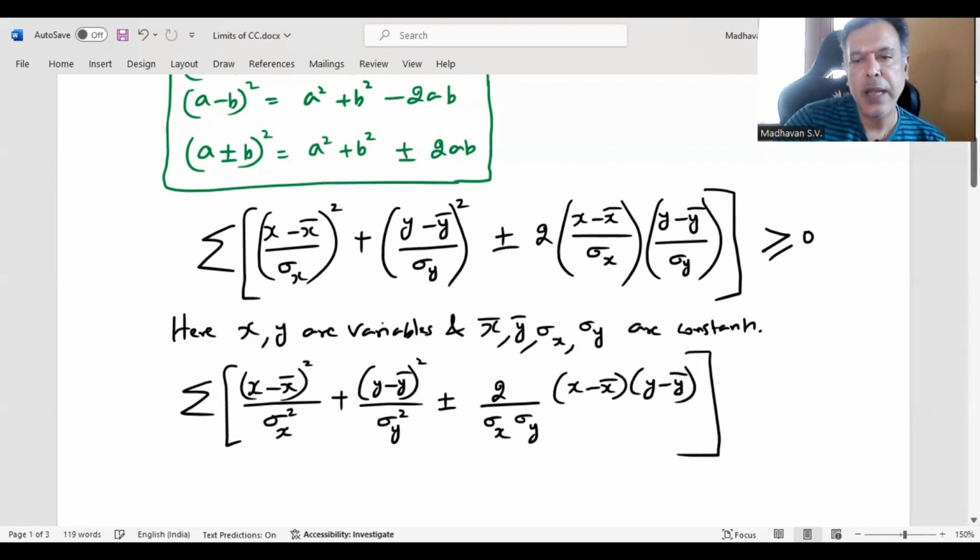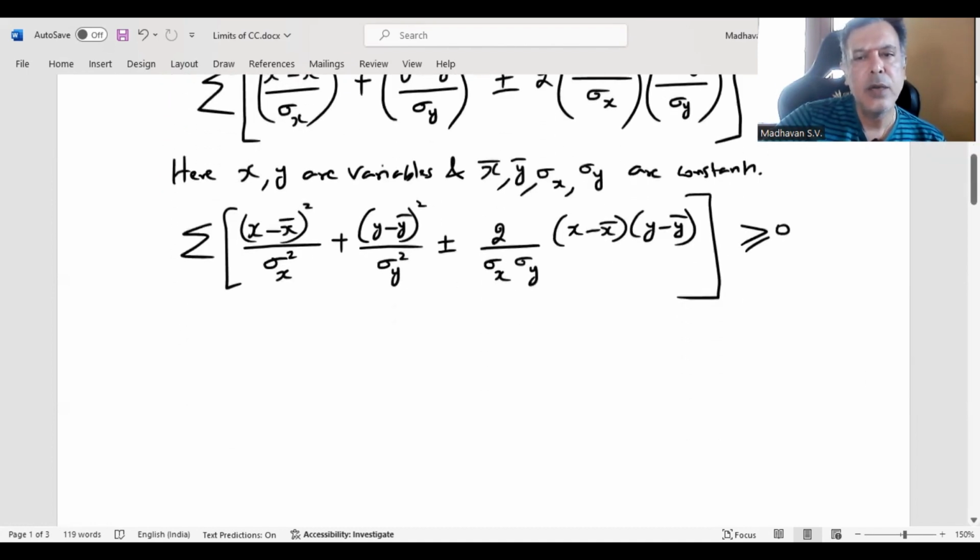The whole thing inside the brackets should be greater than or equal to 0. Nothing special we did; we just took the square in numerator and denominator separately and wrote it.